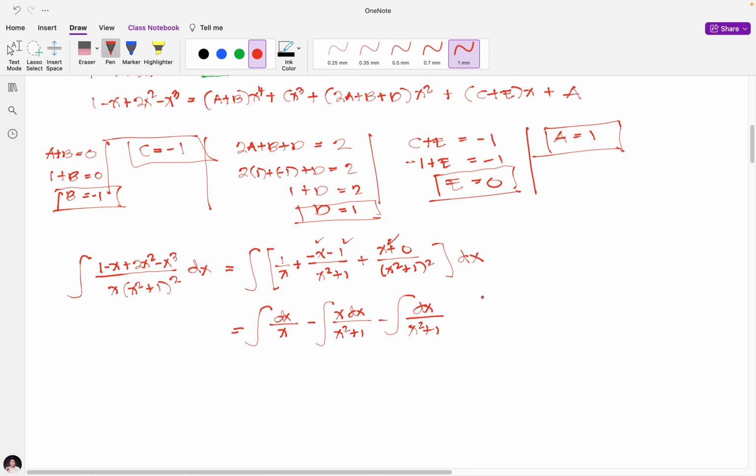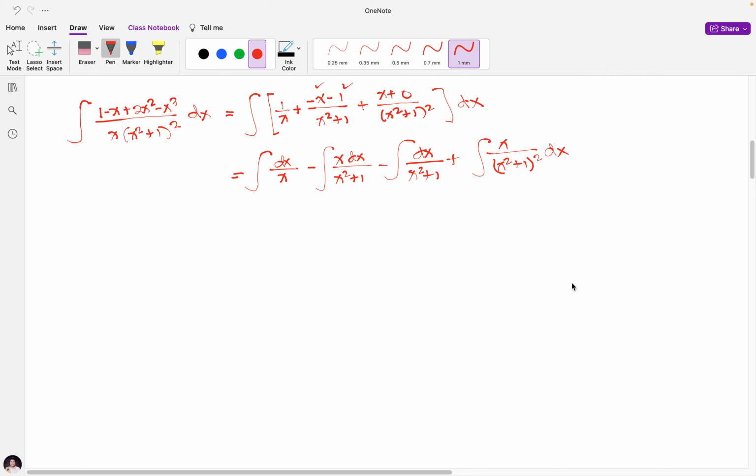Next, for x squared, so this is now plus the integral of x over x squared plus 1 squared dx. Okay.